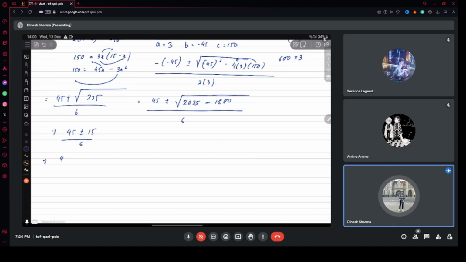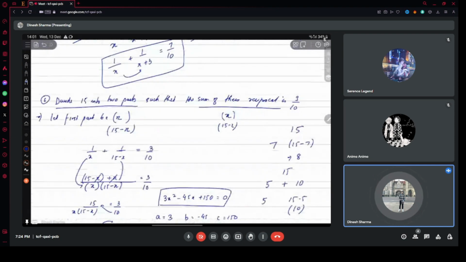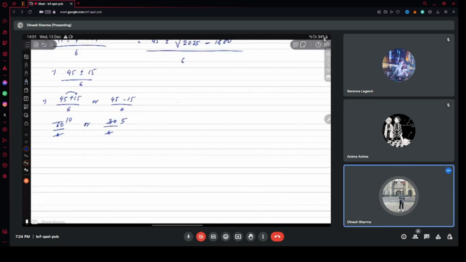So x can either be 45 plus 15 by 6 or 45 minus 15 by 6. 45 plus 15 is 60, 60 by 6, or 30 by 6. So 6 tens are 60, or 6 fives are 30. So x can be 10 or 5.